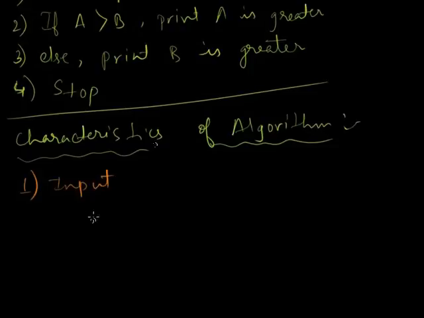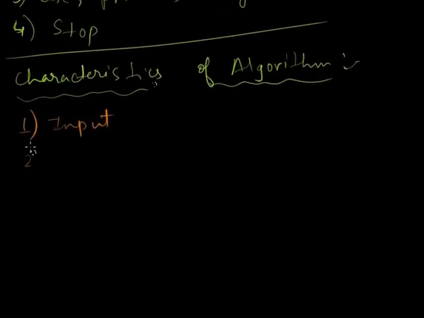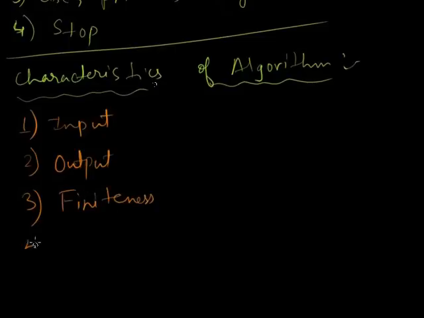The second characteristic is output. Let me list the characteristics first, then I'll explain. The third characteristic, finiteness. The fourth characteristic is definiteness.